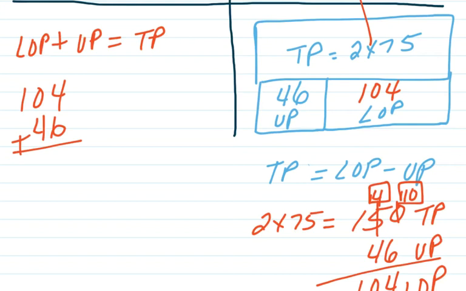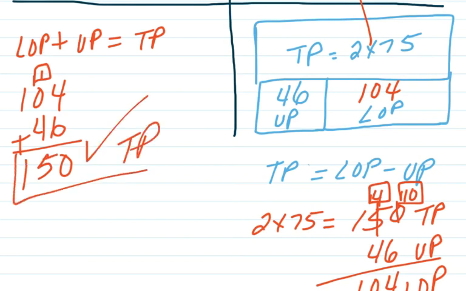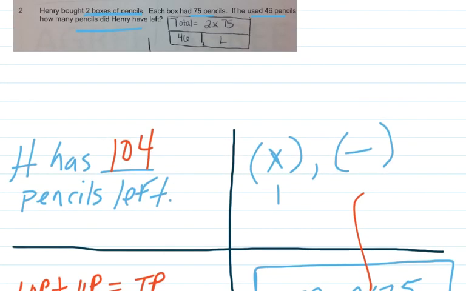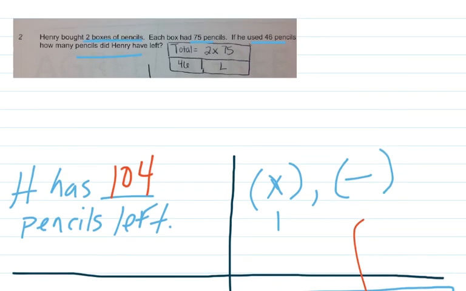Add those together and I should get TP. So 0, regroup that 1, that's 5, 150, and that does check for my total pencils. And that means that he does have 104 pencils left. And that is the end of just a little sampling of addition and subtraction problem solving.